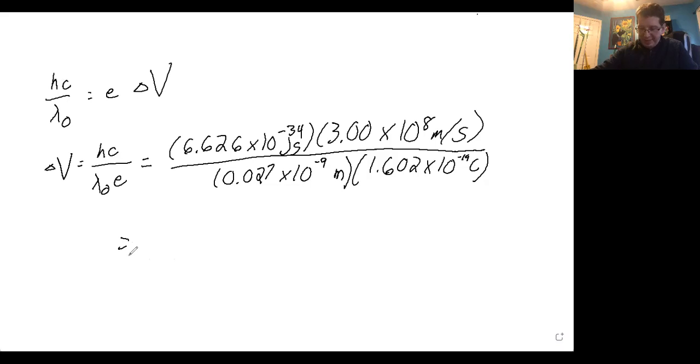So 45,000, or 4.54 times 10 to the 4 volts. So it's a pretty strong potential difference that that electron is put through. And so again, you can see how the electron, as it slows down, is emitting radiation.